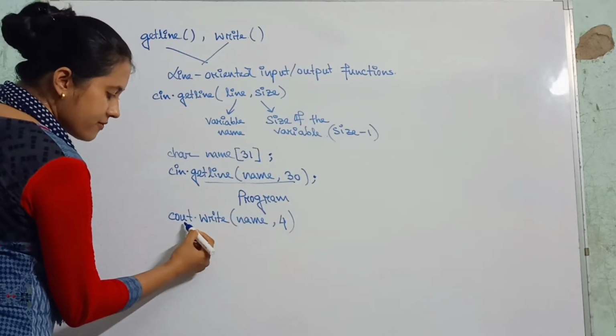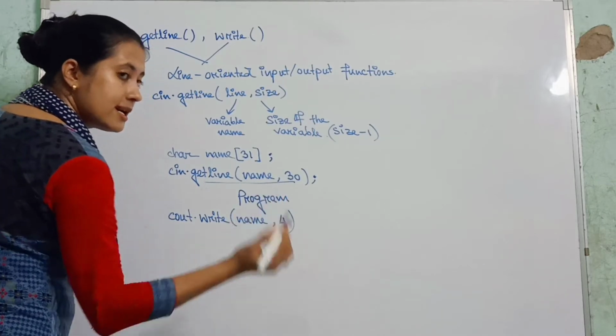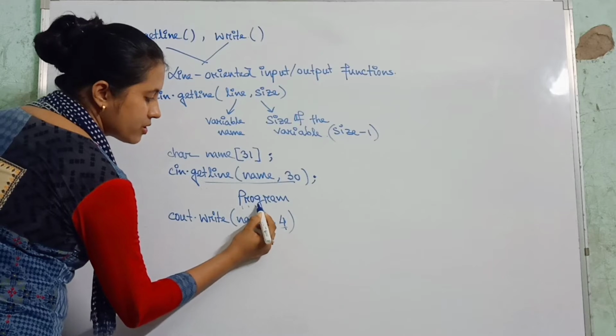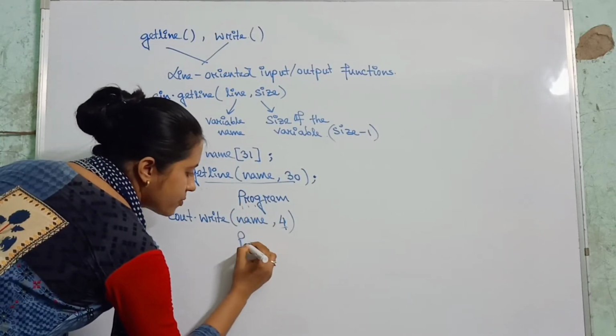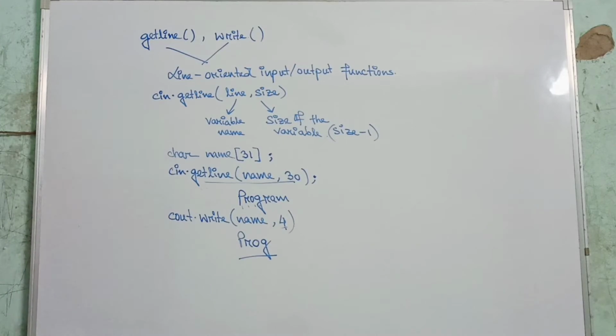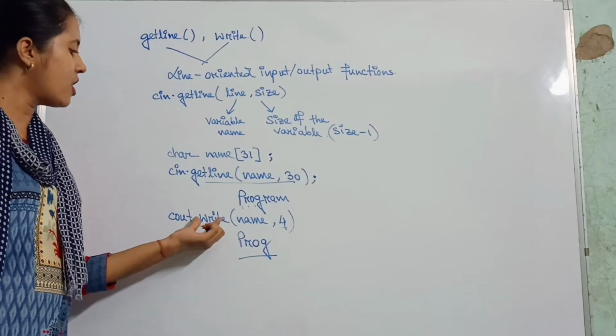Okay. So whenever we write cout.write name 4, then it will calculate the size up to 4 because here it is written 4. So it will count 1, 2, 3, 4 and it will display the output as PROG. This will be the output because of this size. So is it clear now? This getline and what is the function of write?